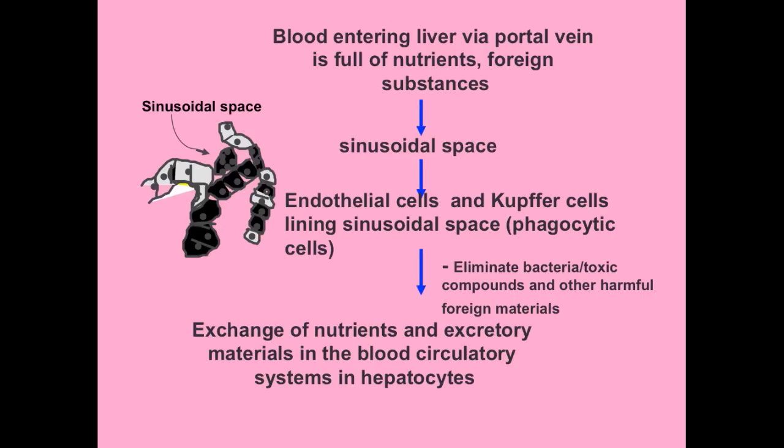So now it's going into the hepatocytes where the metabolism will occur. And then the end metabolites after the metabolism will empty through the central vein. So I hope you get a little bit of the picture of the anatomy of what happens in the liver cells after a meal.